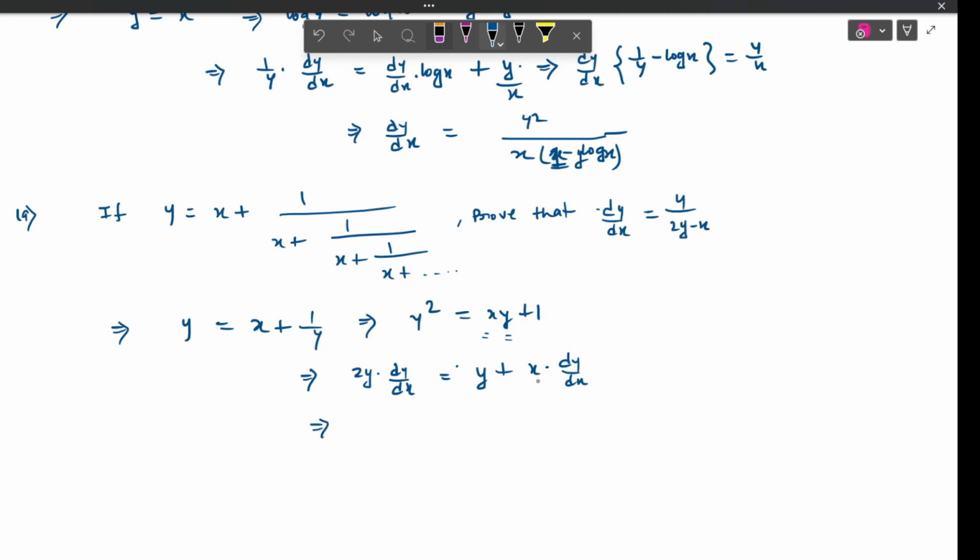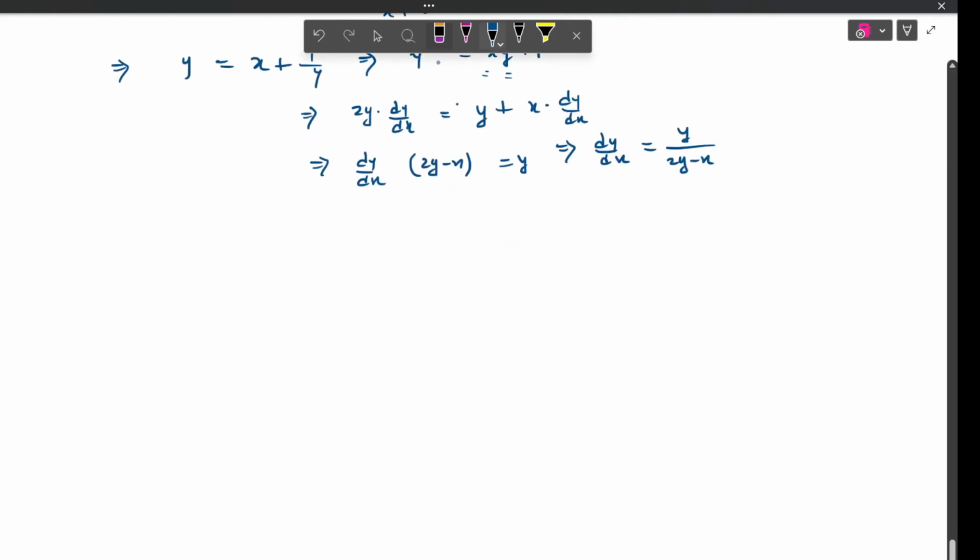If you take this in the left hand side and take common, you will get dy by dx into 2y minus x, that would be y. So this means dy by dx is y by 2y minus x. Okay.